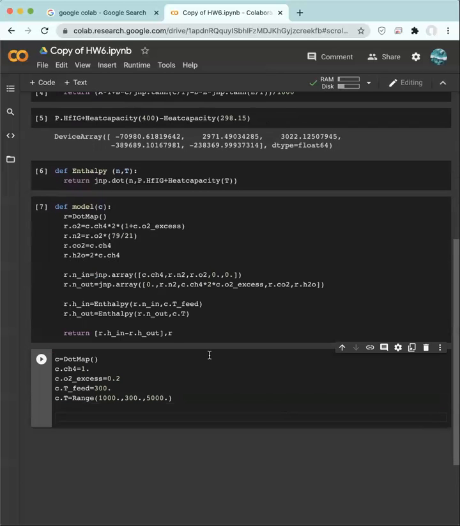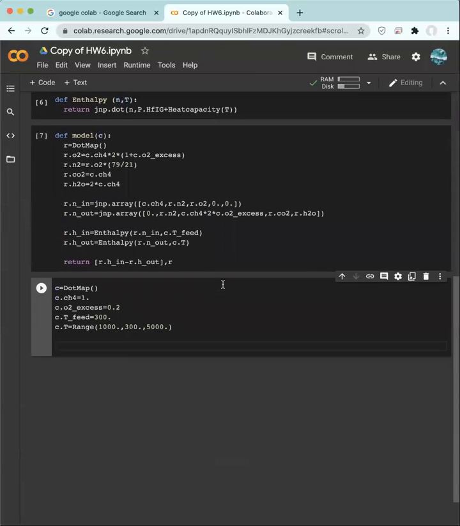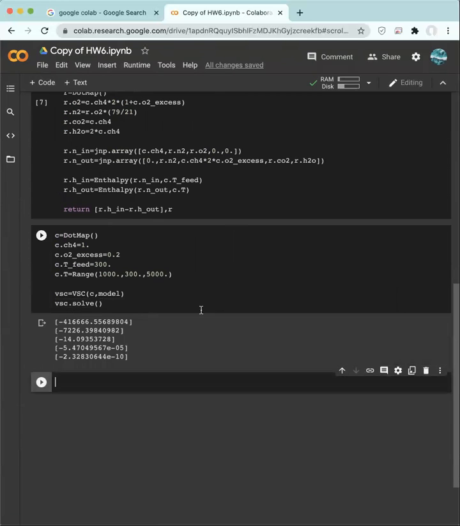So now if we use this function up here, VSC, we can do VSC equals VSC of C and the model, and then VSC dot solve. That should give us an array.